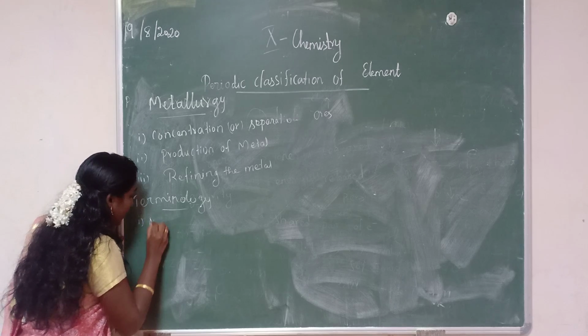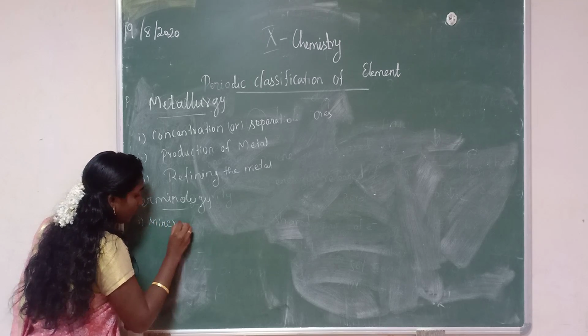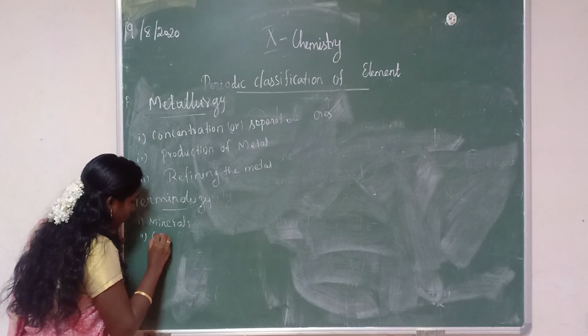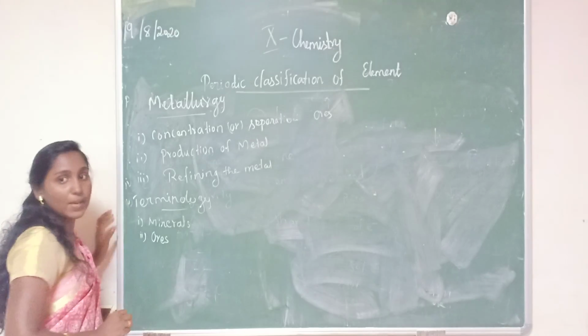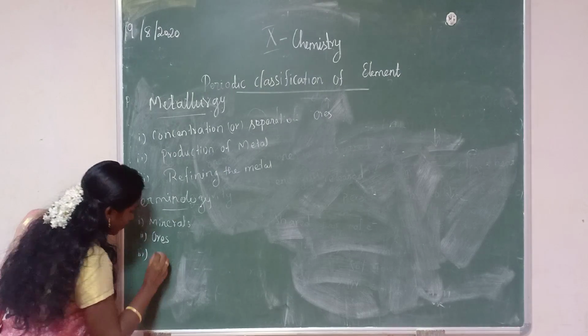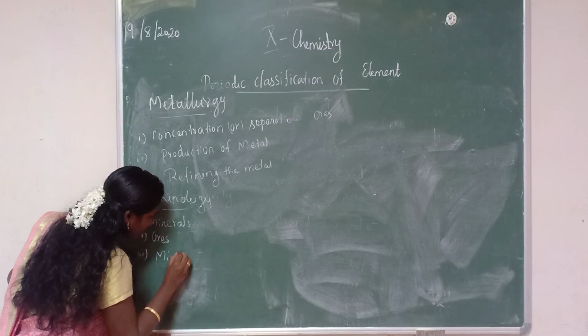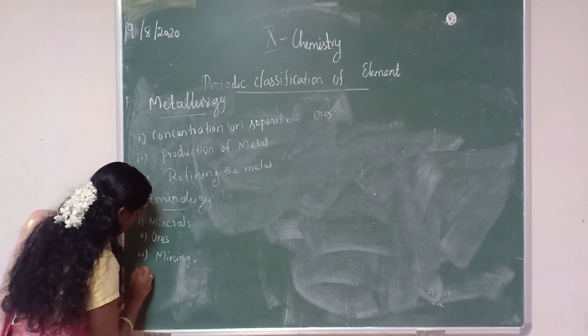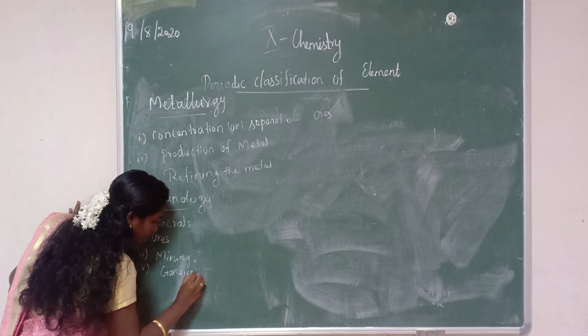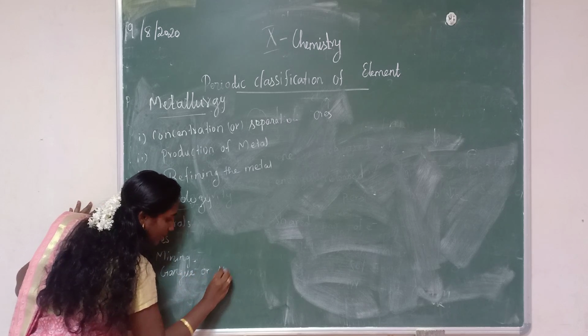First one, mineral. Then second one, ore. Then third one, mining. Fourth one, gangue or matrix.